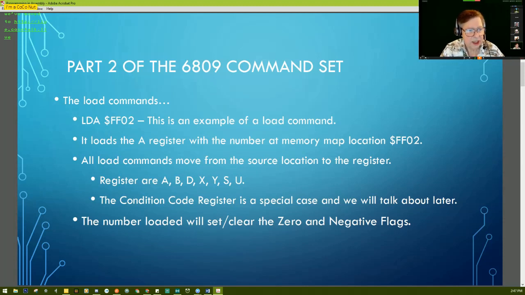We're going to take a look at load. We talked about this one last week, with basically you can move information into the CPU by moving into any of the registers. Your registers are A and B, which are 8-bit. Then you have D, X, Y, S, and U, which are 16-bit.